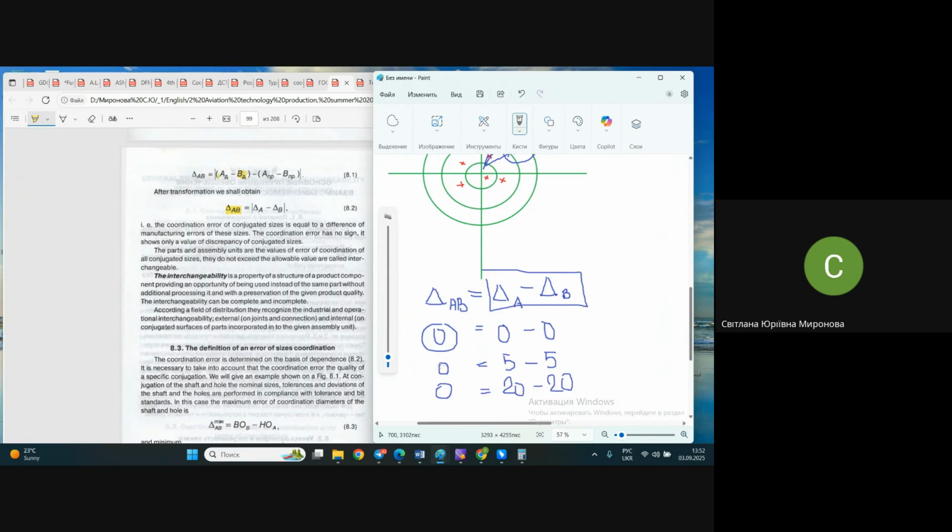Of course, there is some balance in aircraft manufacturing, but the first point is the idea that the error of coordination should be 0 or close to 0 in order to provide assemblability without adjustment, without additional work, without spending money, time, labor input, and so on.